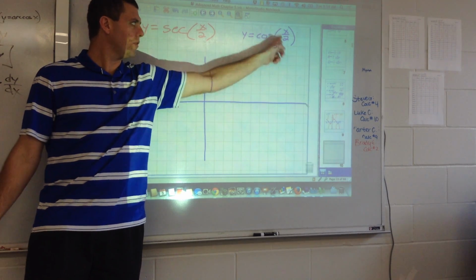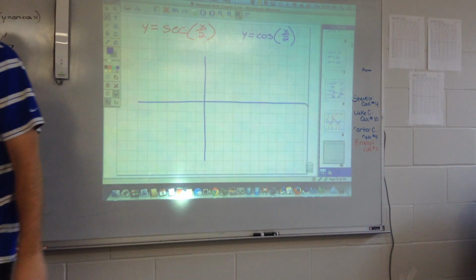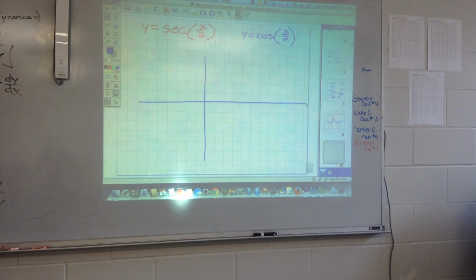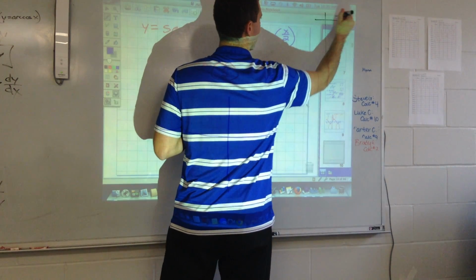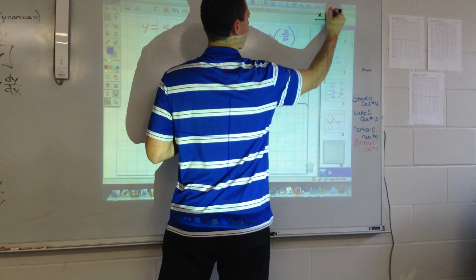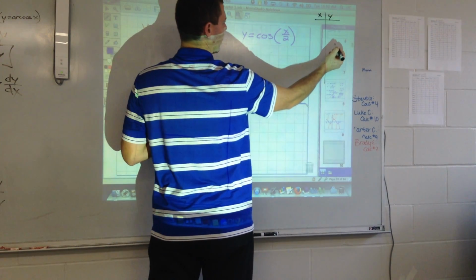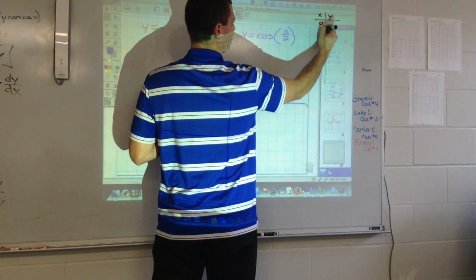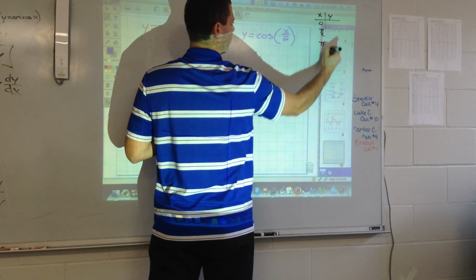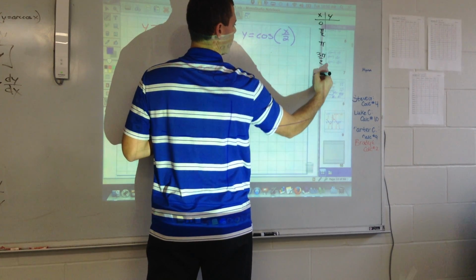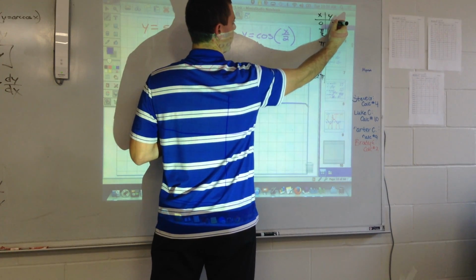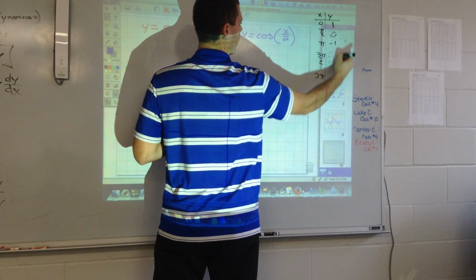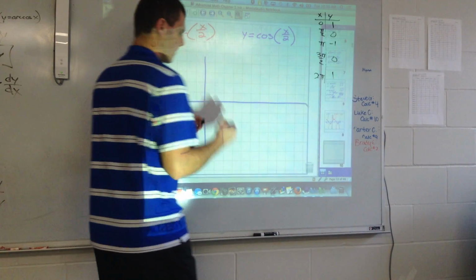So if you had to graph this one, the cosine of x over 2, you guys that make your tables would go 0, pi over 2, pi, 3 pi over 2, 2 pi, and then what is it for cosine? 1, 0, -1, 0.